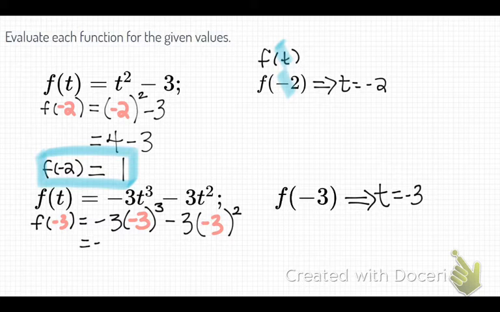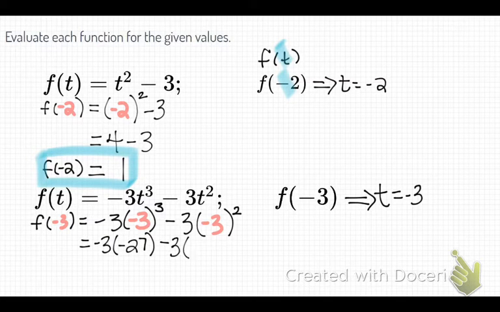What is negative 3 quantity cubed? What's negative 3 times negative 3? Positive 9, times another negative 3 is negative 27.